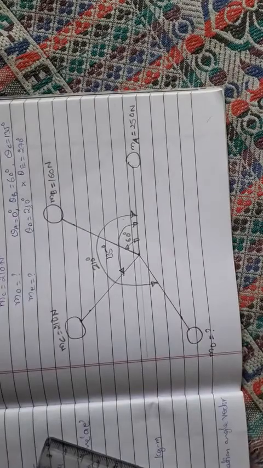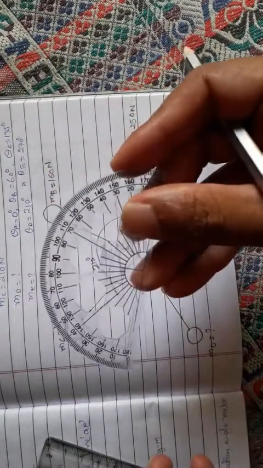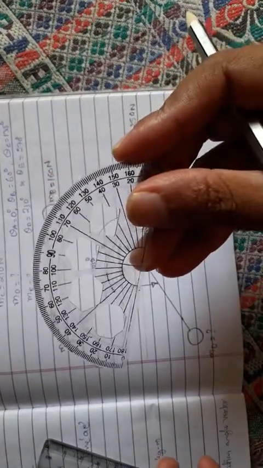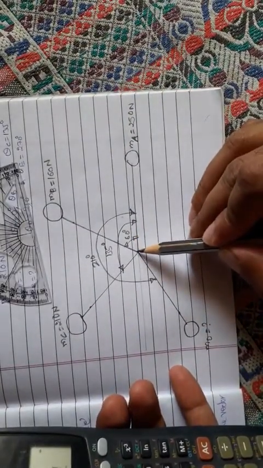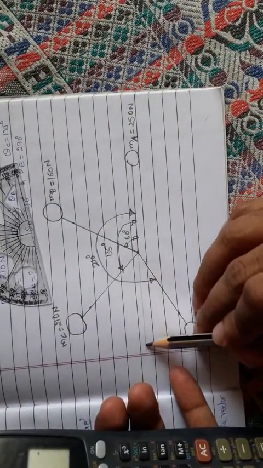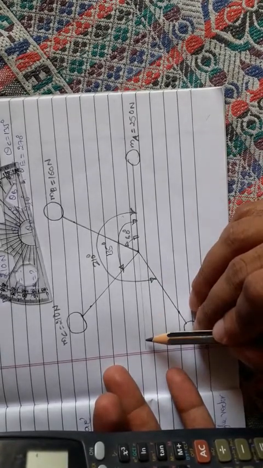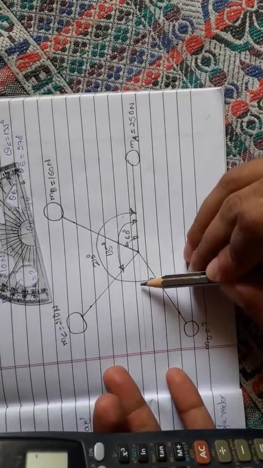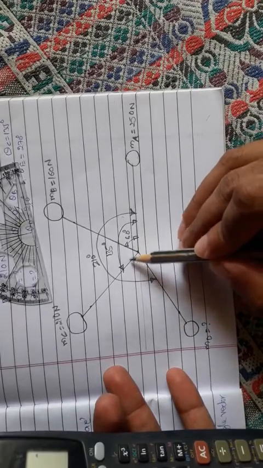Here it is not possible to draw the 210 degree by this instrument. For that purpose, I am going to draw a horizontal line from this side. From here to here is 180 degree.